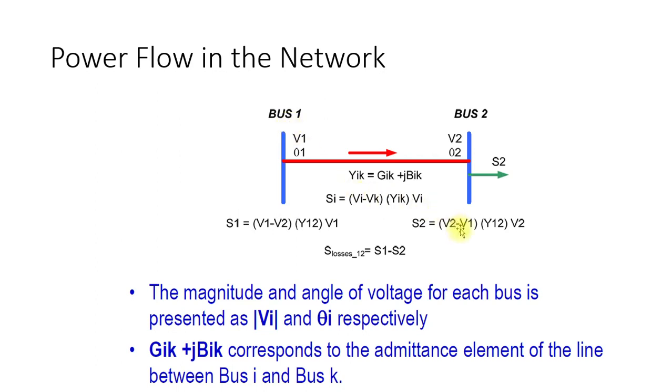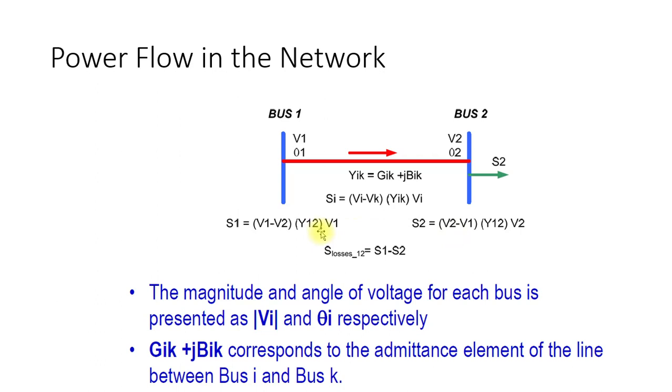Similarly, S2 becomes V2 minus V1 because now the reference is V2, into the same admittance of this line into the voltage at bus 2. The losses in the line will be the power flowing from here minus the power reaching here. If we subtract the two, we get the losses in the line.